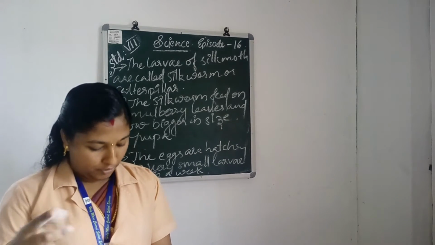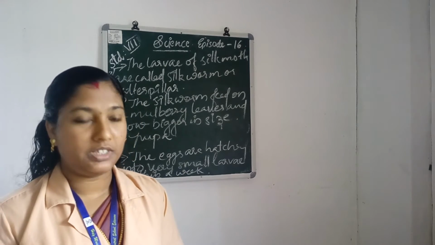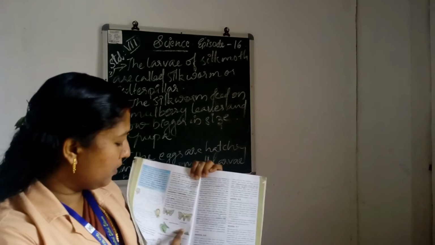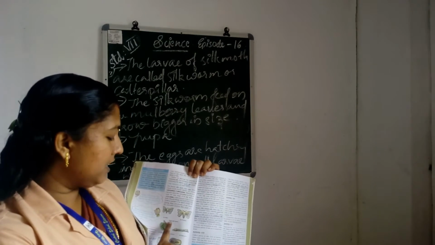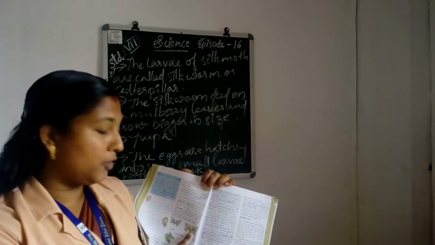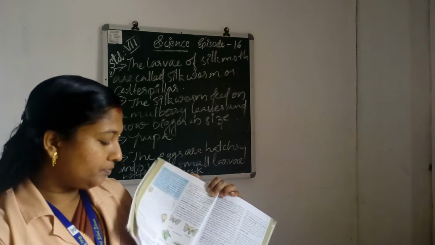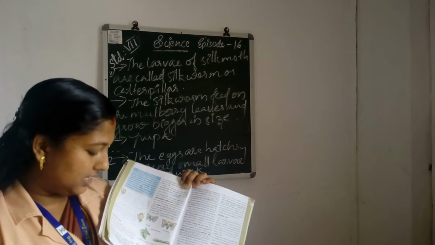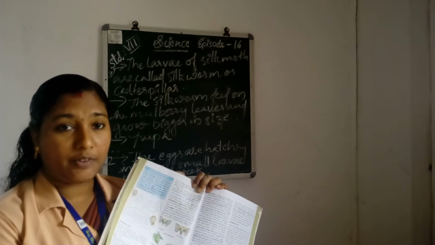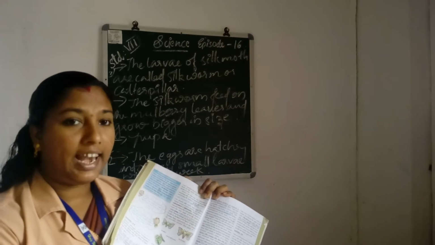All of you take a look at your textbook, page number 28. The life history of silk moth is given. The figures of male and female silk moth are given. The female silk moth lays eggs on the mulberry leaves. Then the eggs are hatched into very small larvae within a week.